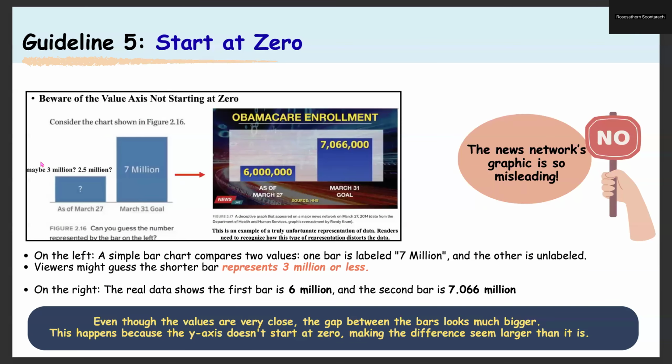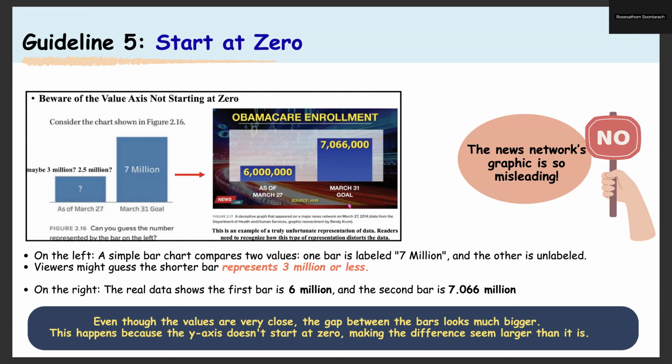Look at this figure. If this bar shows 7 million, how about this one? If you look at this, maybe 3 or 2.5 million, right? But it's 6. So this news graphic is so misleading.